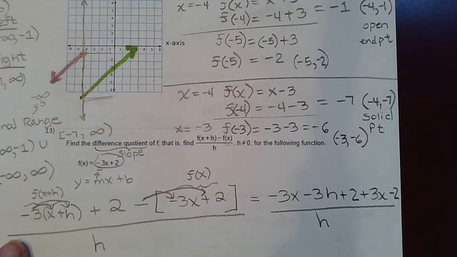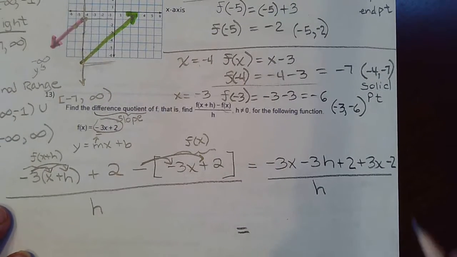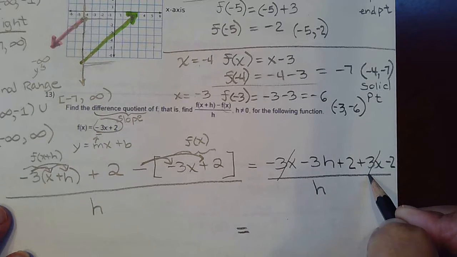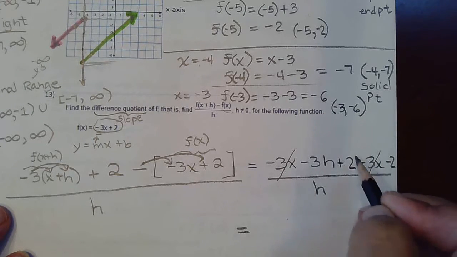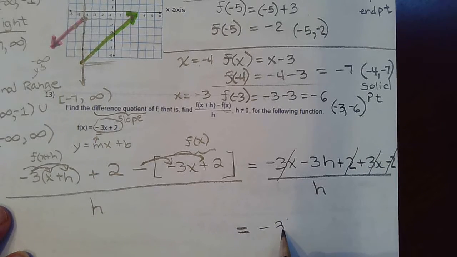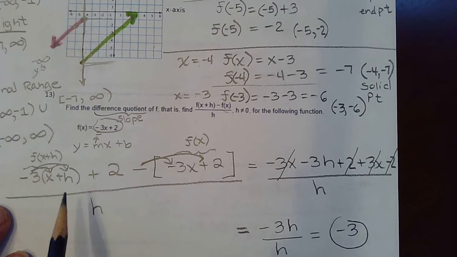Continue simplifying in the numerator. In the numerator, you have -3x and positive 3x. Those cancel. You have positive 2 and -2. Those cancel. So you're left with -3h over h, and that equals -3, which is what I was telling you, the difference quotient, which is what we just did.